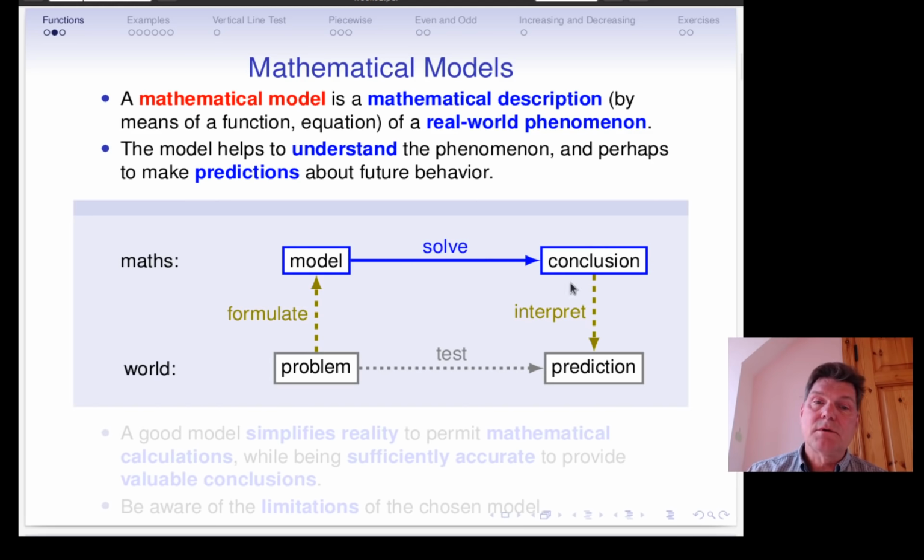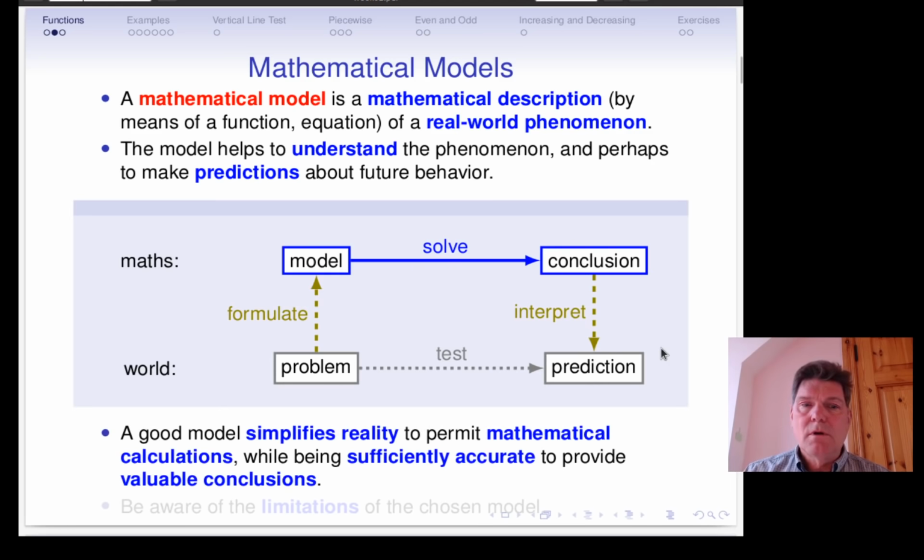This conclusion then is translated back, or interpreted, in the real world setting, and there possibly makes a prediction of how this real world setting will behave in the future. Now the real behavior of the real world thing can be tested against the prediction that comes from the mathematical model, and depending on the outcome of the test, the model needs to be refined or whatever.